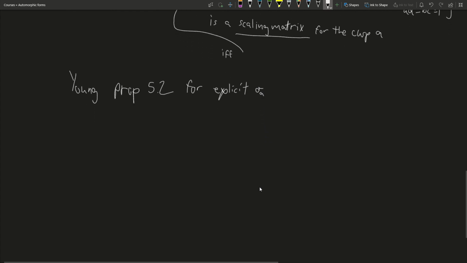And for prime n, you can take sigma infinity to be just the identity matrix, and then sigma 0, the scaling matrix at the cusp 0, take it to be 1 over square root n times (0, -1; n, 0). Okay.